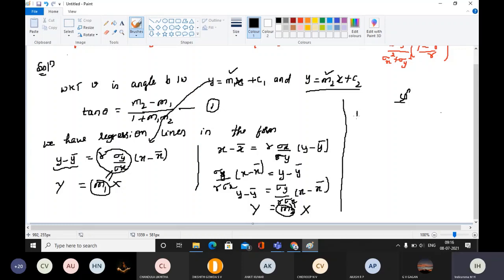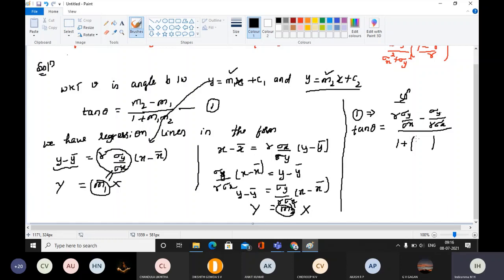Now substitute the m1 and m2 values in equation 1. So equation 1 becomes tan theta is equal to m1 minus m2, where m1 is r into sigma y by sigma x and m2 is sigma y divided by r into sigma x, divided by 1 plus m1 into m2.